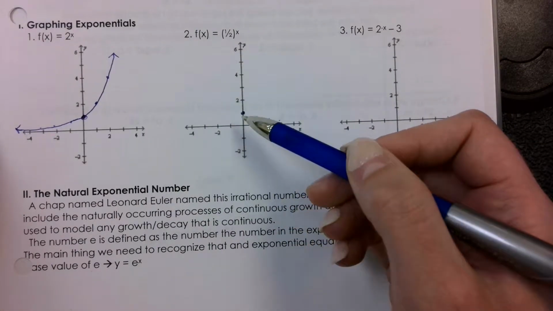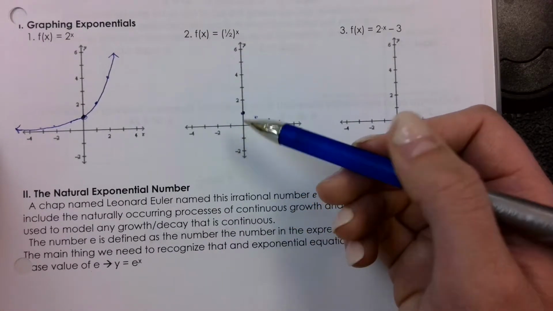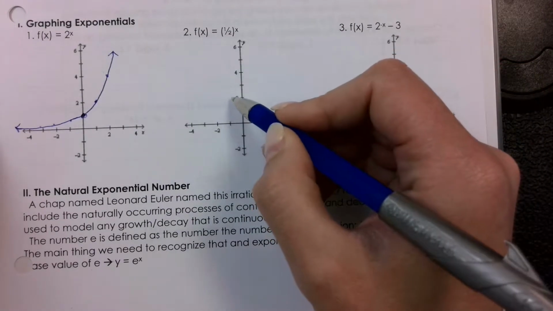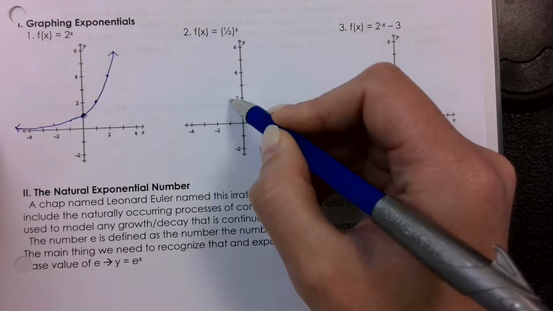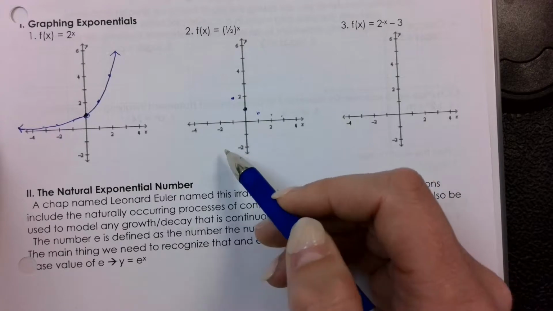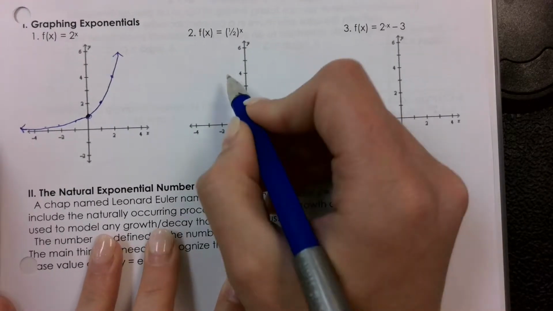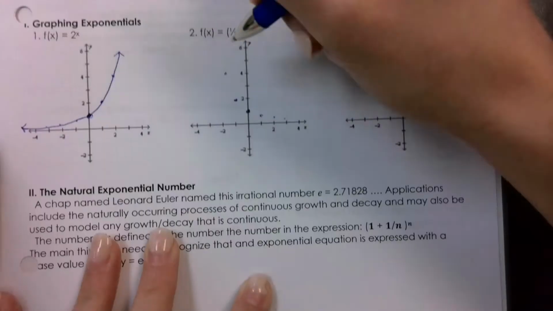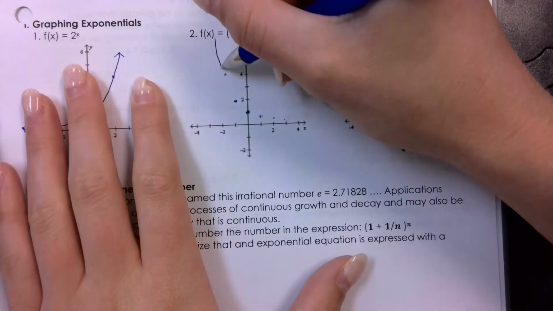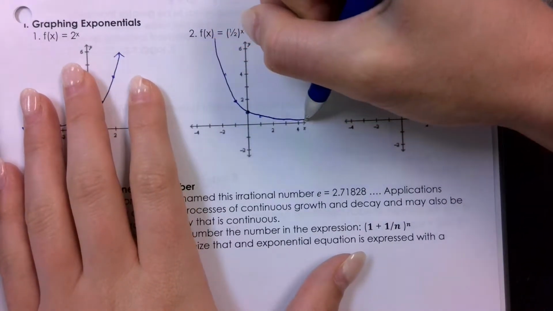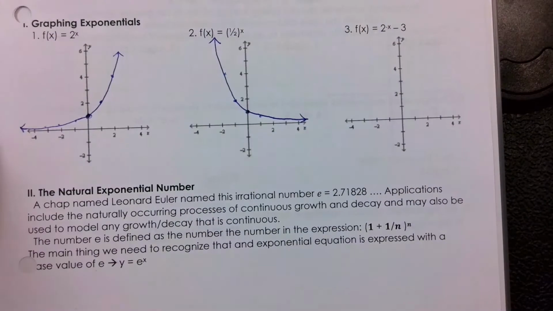When we plug in -1, that's going to flip your fraction, so it's really just 2 to the first power, so what do you get? 2. Then when you plug in -2, again, it's flipping your fraction because that's negative, so it's going to be 2 squared, which gives you 4. And there's the graph. We'll stop it there so we don't have room to go to the rest. That okay? Questions?